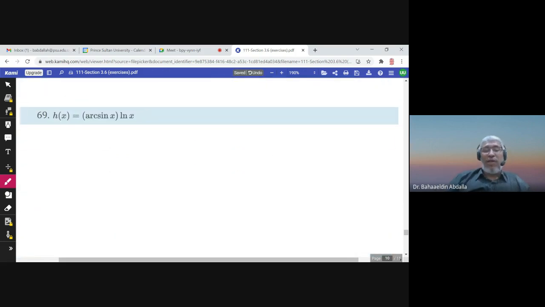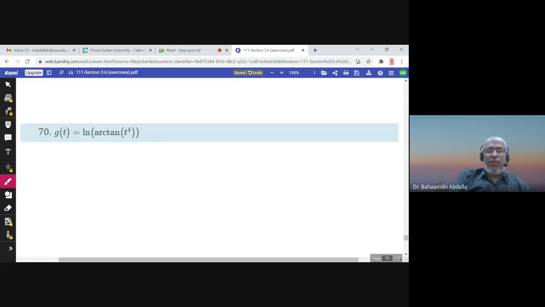I have product. So h prime of x would be derivative of sine inverse x, which is 1 over square root of 1 minus x squared times ln x plus sine inverse x times the derivative of ln x, which is 1 over x. So that's the derivative. Here I have composition.